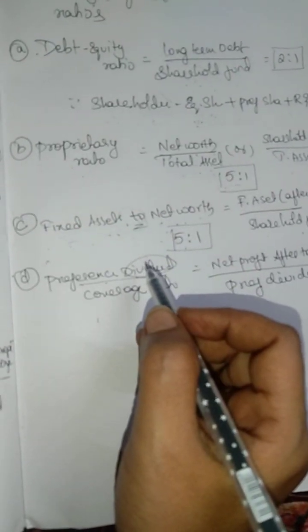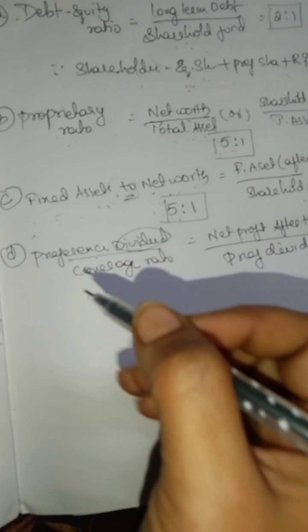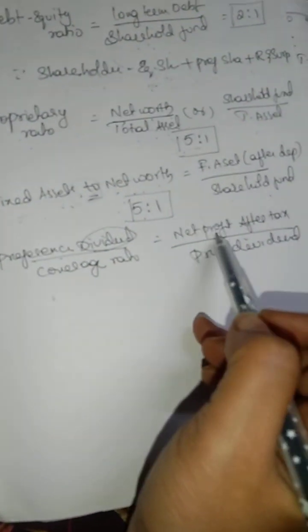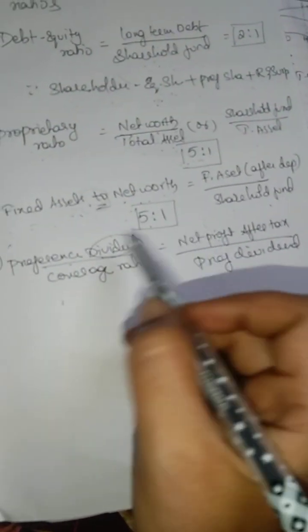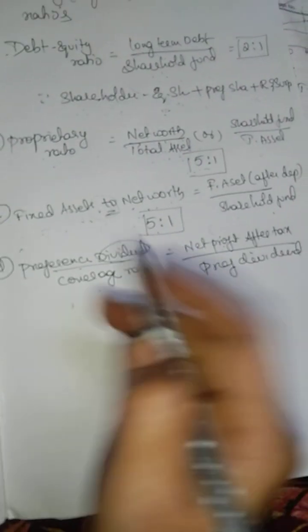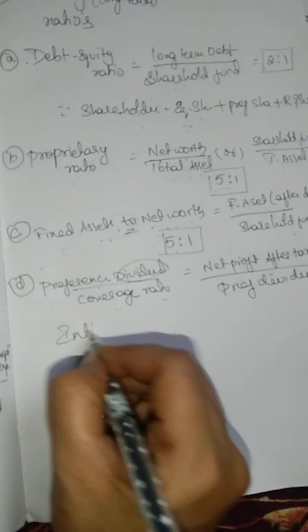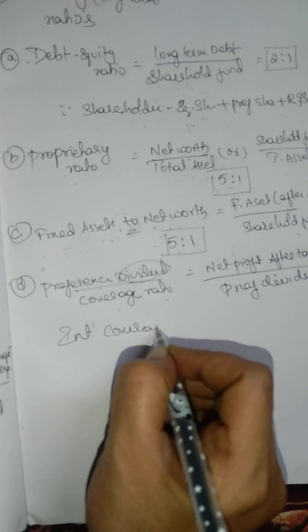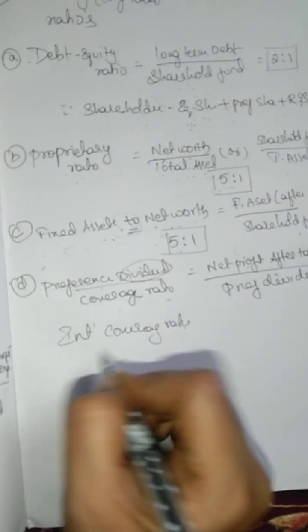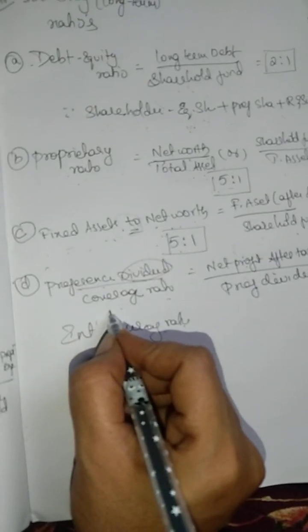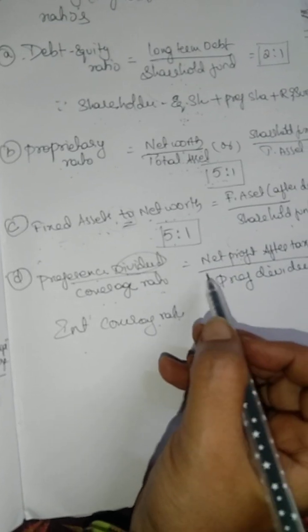Interest is paid as a part of expenses. So that is the reason there is only one difference in the formula between this and the interest coverage ratio. The interest coverage ratio and dividend coverage ratio formulas change in a very simple way.